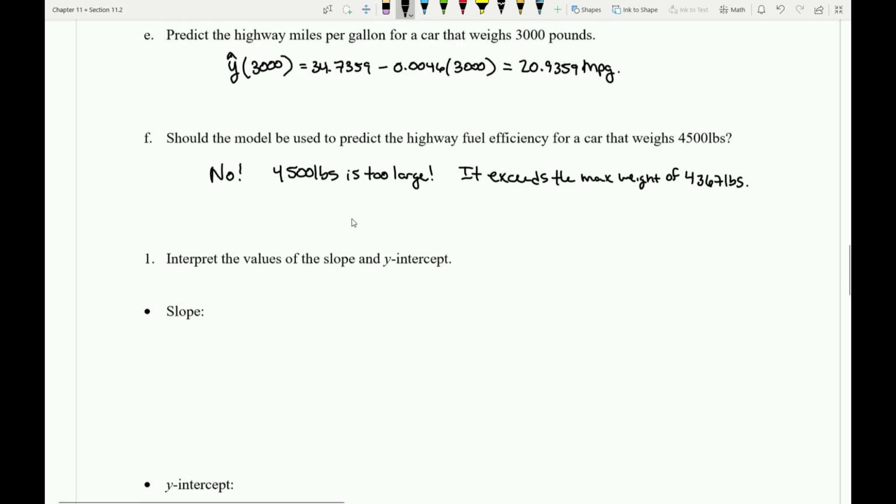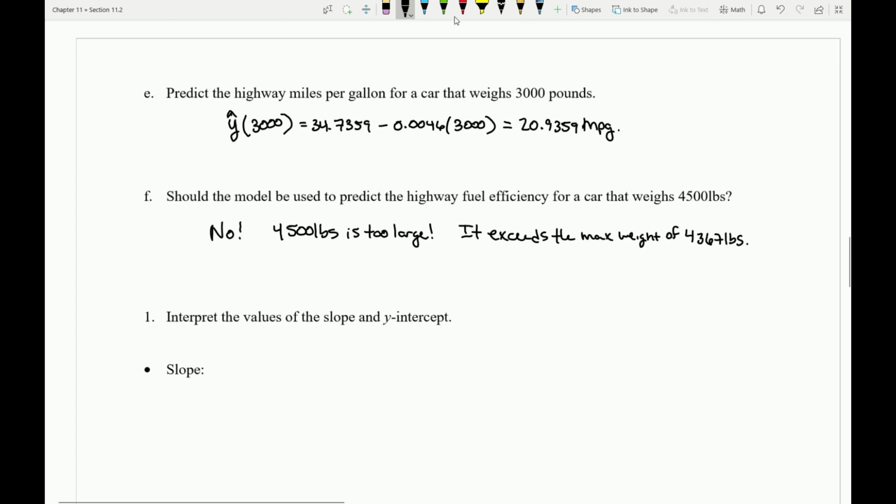Now, on this question, what we've seen so far is that the value of my slope was sitting right here in front of where my x used to be. This was my value of b. And my y-intercept value was sitting over here as that value of a that was all by itself. Remember that the number that occurs in front of where x belongs is always my slope.